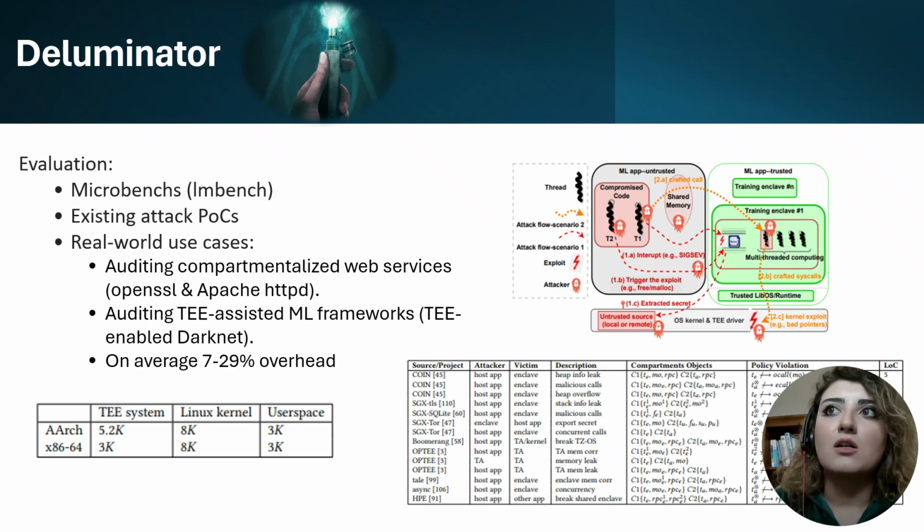So there are different forms of attacks that we describe in the paper, and we could monitor them with Deluminator. Without Deluminator we didn't have the option to do that.